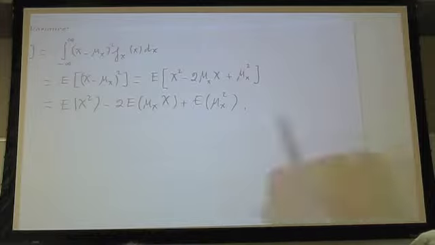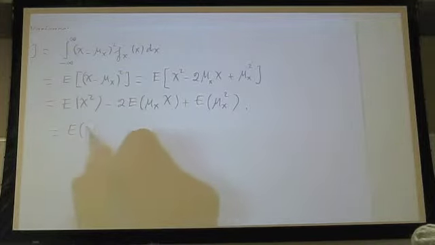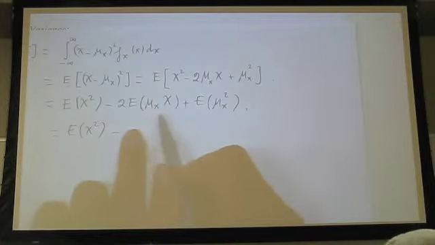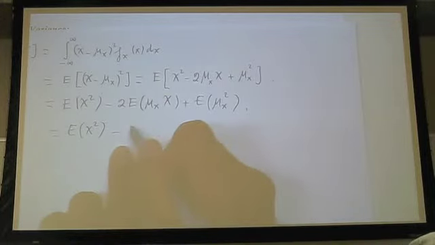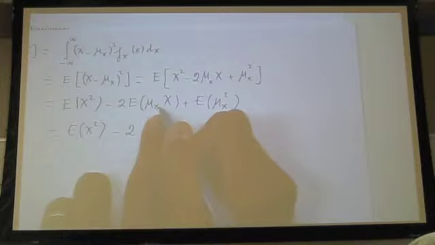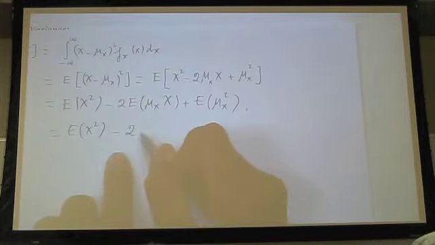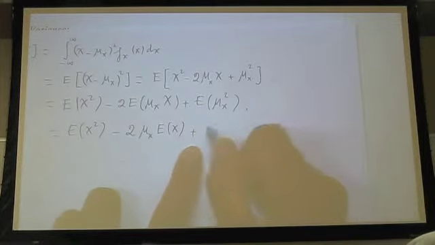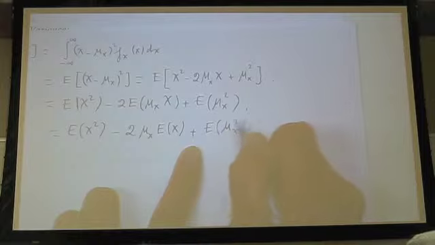Now, this one is the expected value of x squared. And then what is this? Minus 2, remember mu is a number, I can bring it up front. So I have mu sub x times the expected value of x. And then plus E of mu sub x squared.